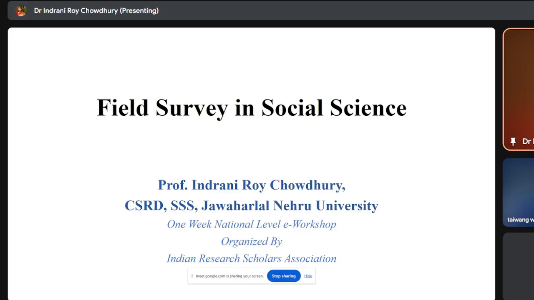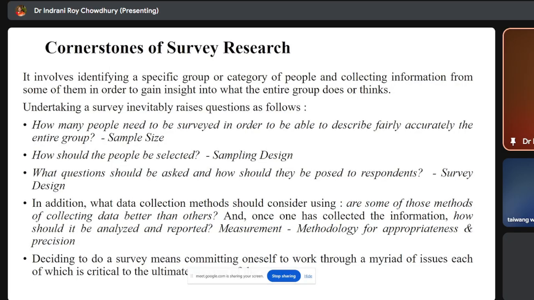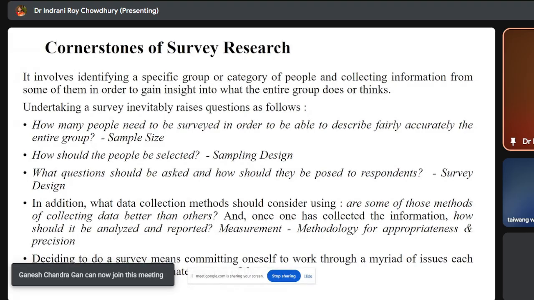So this is the topic which I chose to speak on today. This is the field survey in social science, and as you all know, when you are conducting your research, you need to gather some information, whether from secondary sources or from primary sources. If you gather information from primary sources, where the information is collected in the field by the researcher himself, that is basically the field survey.